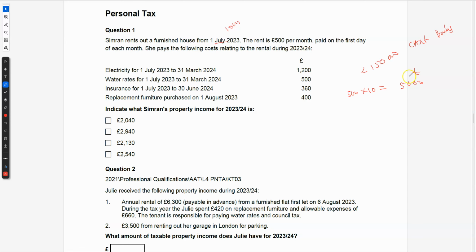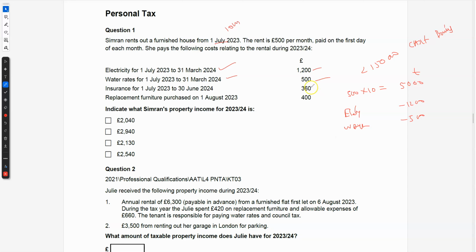Then we do all the expenses. We have electricity 1200, paid 1st July to 31st March, during the tax year, so we take 1200. And then water, paid July to March during the tax year, water 500.